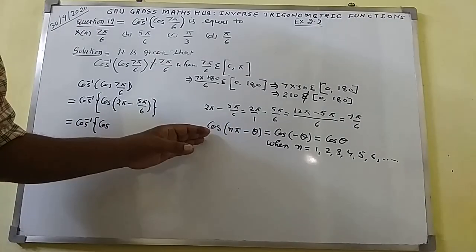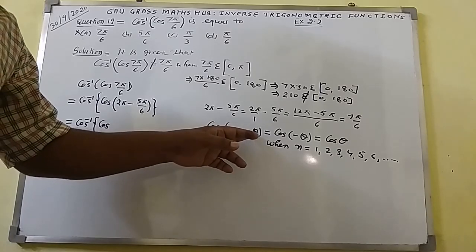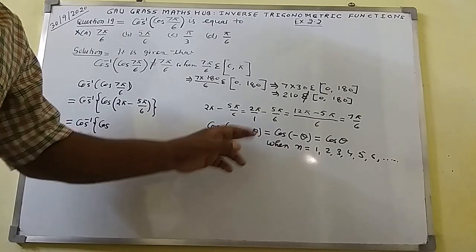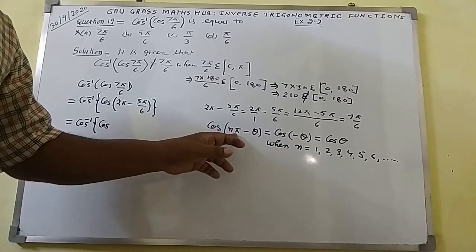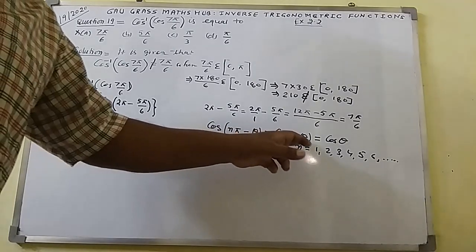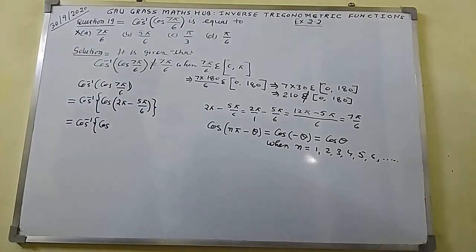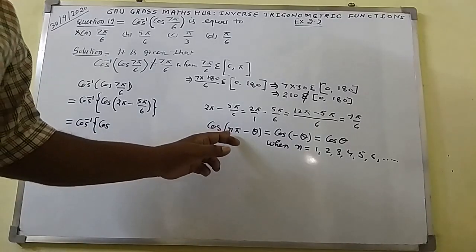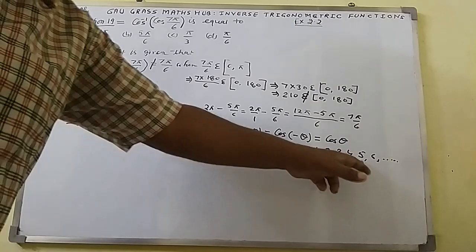This is the formula. Cos in bracket n pi minus theta bracket close equal to, n pi will be eliminated. So we get cos in bracket minus theta bracket close equal to cos theta, where n is a natural number: 1, 2, 3, 4, 5, 6.